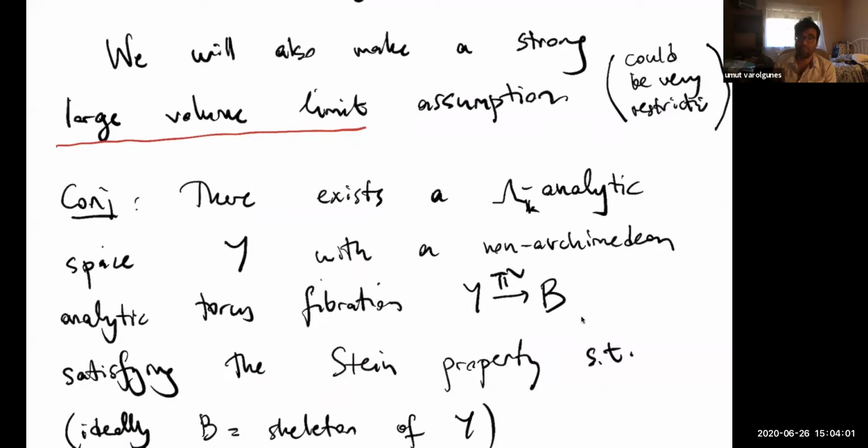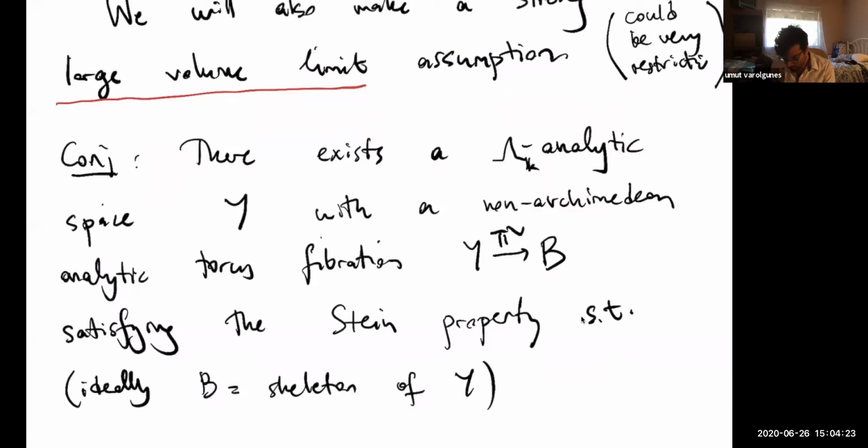Lambda is going to be the Novikov field. I wrote it for arbitrary coefficients here. K could be any field, but if you want, you can think of K equals C. That fits more readily to some existing constructions, but I don't think it's actually necessary.